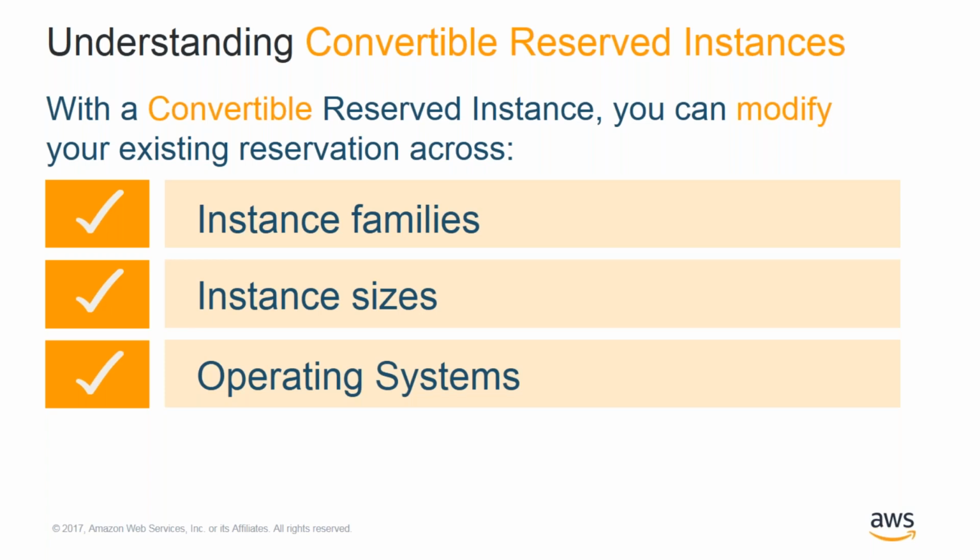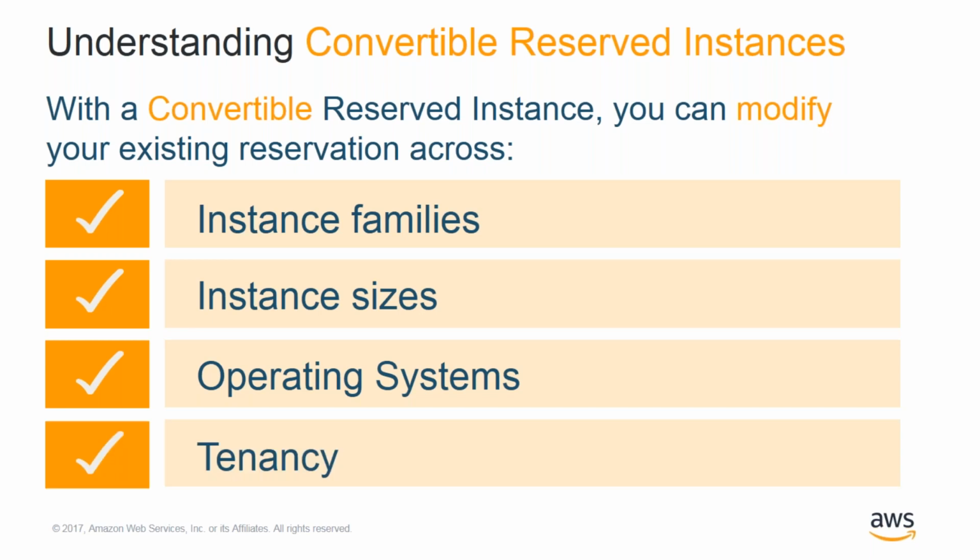You can change operating systems. Some companies, in order to optimize spend, have a strategic target to use more open source operating systems like Linux and CentOS. This allows customers who are taking that approach to change operating system to open source. And finally, you can change the tenancy as well.